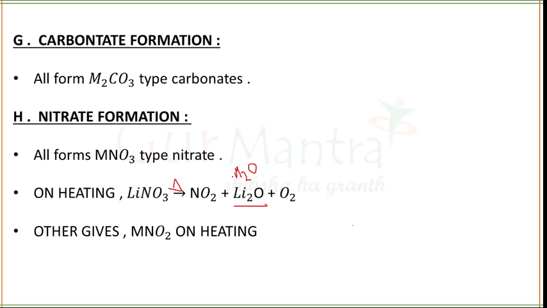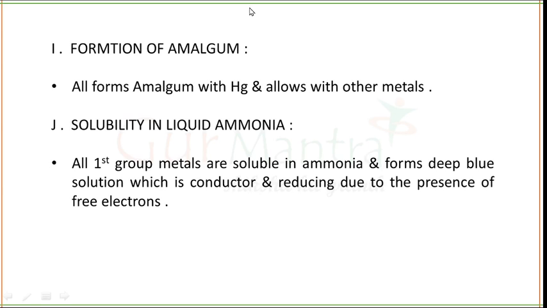While if you heat the nitrates of other elements except lithium, you will get MNO2 type compound. Here you are getting M2O type compound for lithium, while for the rest of all the elements you will get MNO2 type compounds. Next is formation of amalgam. All the metals of group 1 will form amalgam on reacting with mercury.